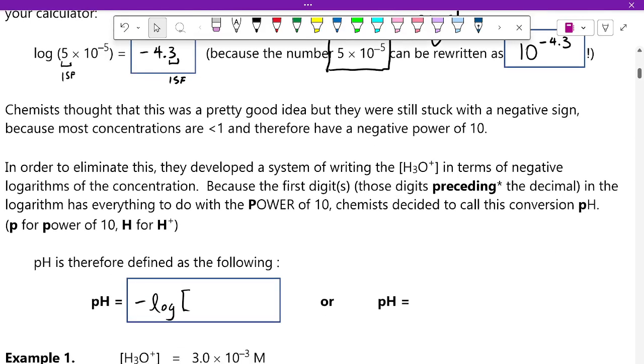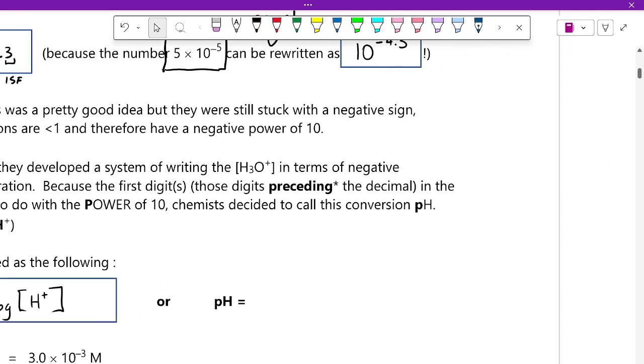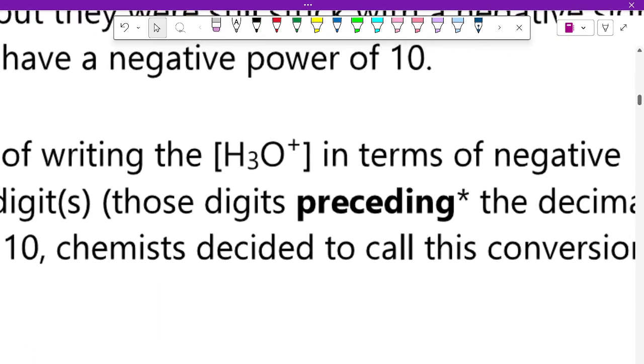All right, so we have log of H plus, and we are going to learn a new ion today, and that ion is H3O plus.